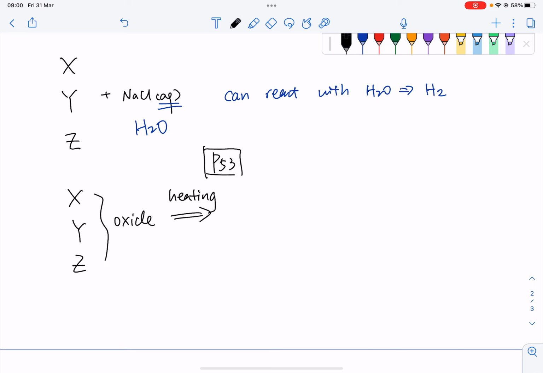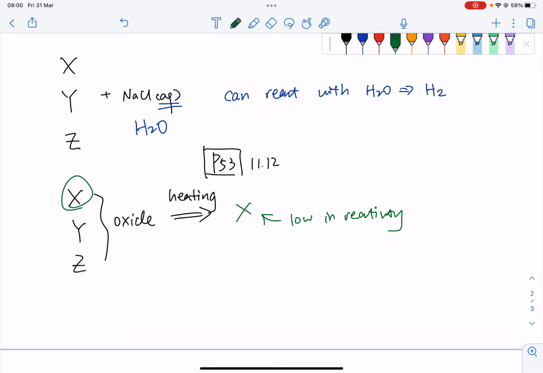We have chapter 11.12, so we have decomposition of metal oxide, right? So the oxides of metals very low in activity will decompose when heated. So only X here, X oxide produces X here, which means this one should be relatively low in reactivity, right?